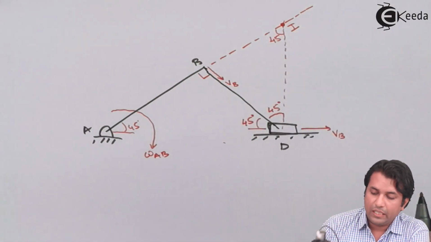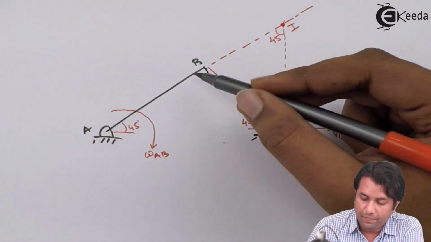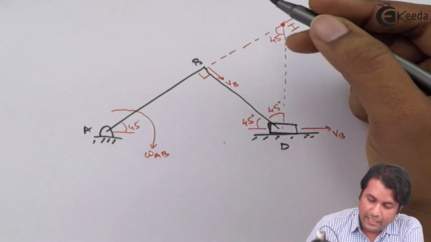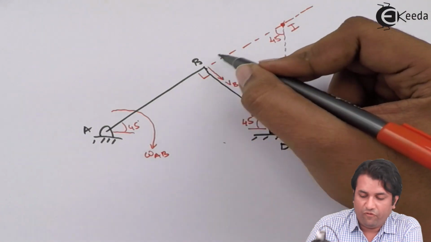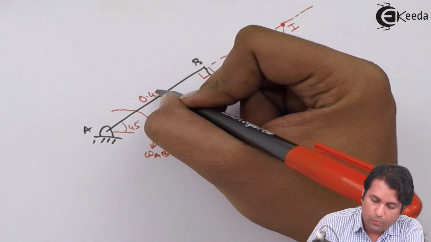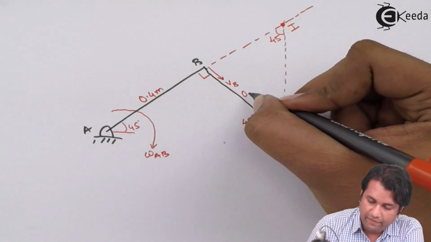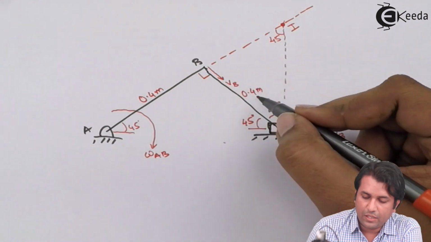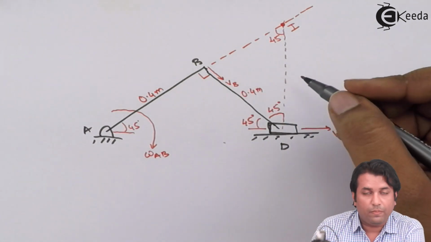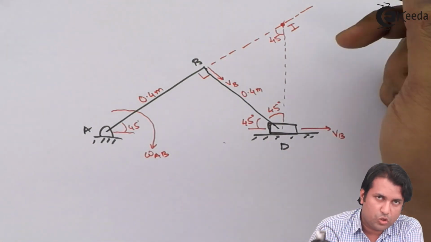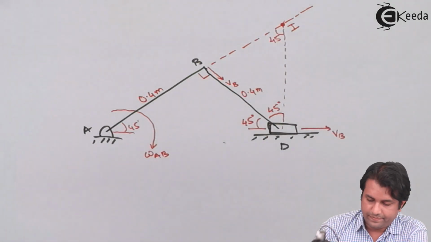Now what I need to do is, I need to find out the length IB and ID. So I can directly say that IB will be 0.4 meters, because I have this length as 0.4 meters over here, and even this is 0.4 meters. That is, BD length is also 0.4 meters. So by using sine rule, I can easily find this length, or by Pythagoras also I can find the length.